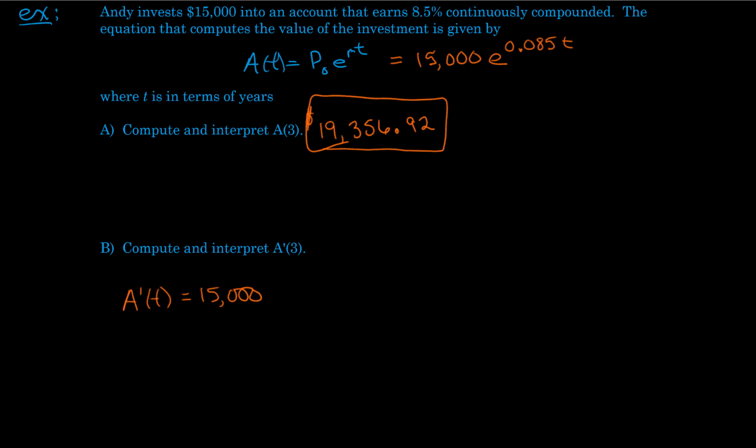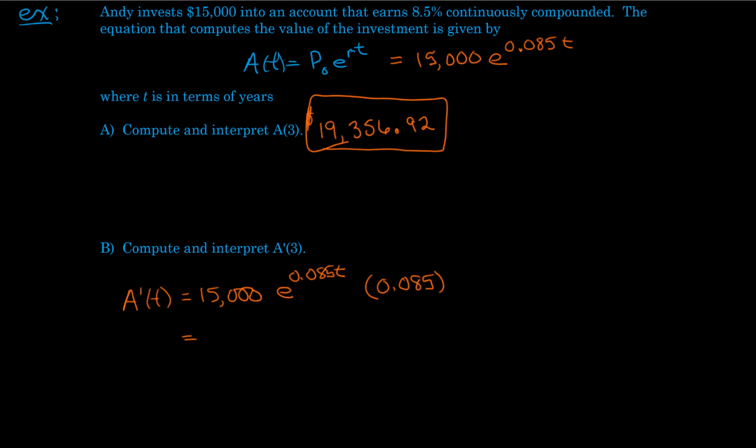Take the derivative of the e, or the outside part, and we get back whatever it was we started with. It's going to be e to the 0.085t. After we've done that, we now take the derivative of the exponent. Well, that's going to be 0.085.